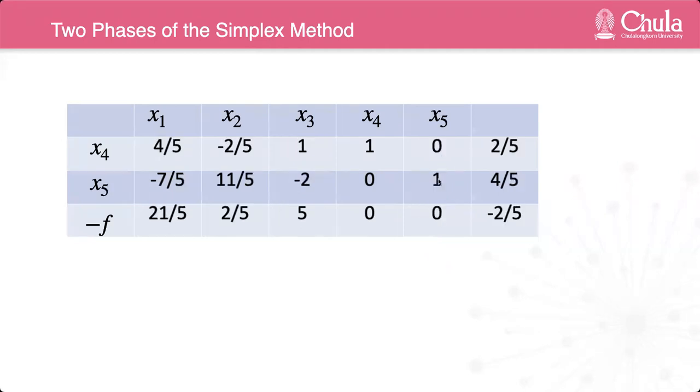So we end up with this table, where our basic variables are x4 and x5. And this is the solution because all the coefficients are positive. We cannot further decrease the objective function.